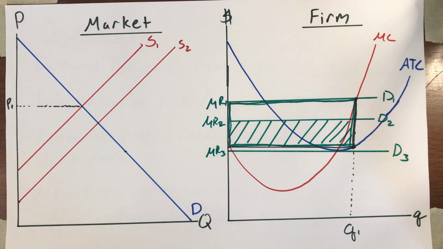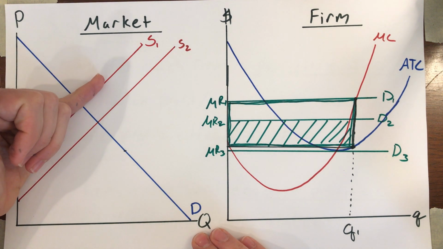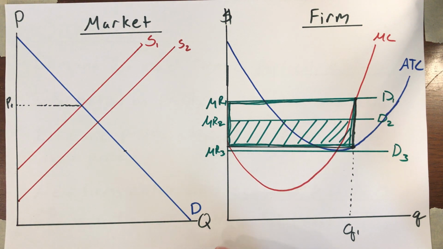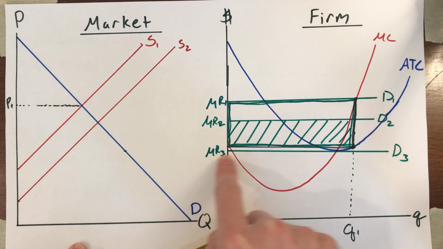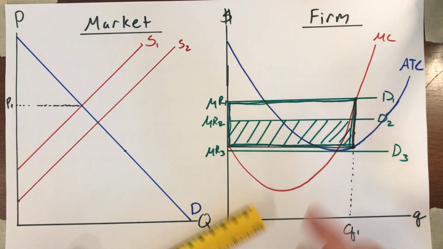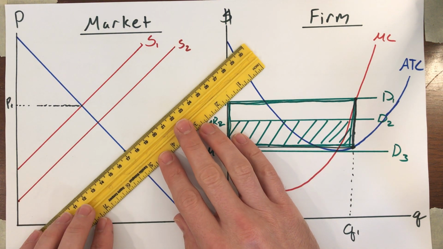What that means is firms are going to keep on entering and pushing this supply curve down and to the right until they hit this point here where the price in the market is equal to the minimum of the average total cost curve.